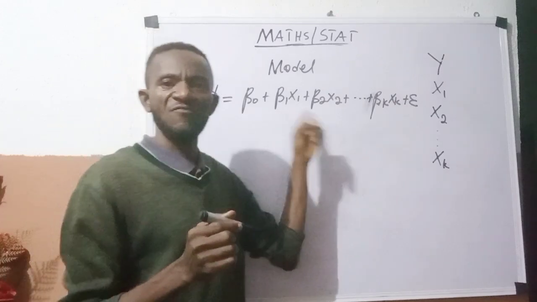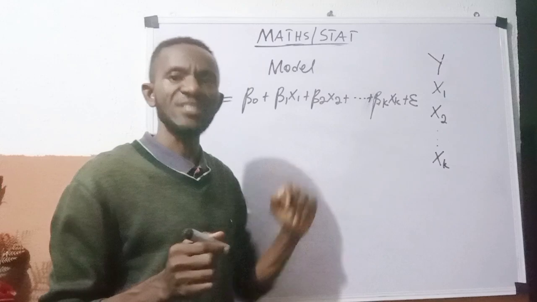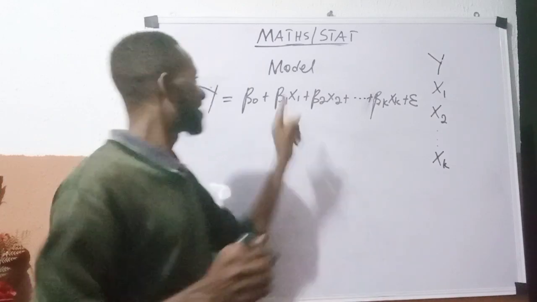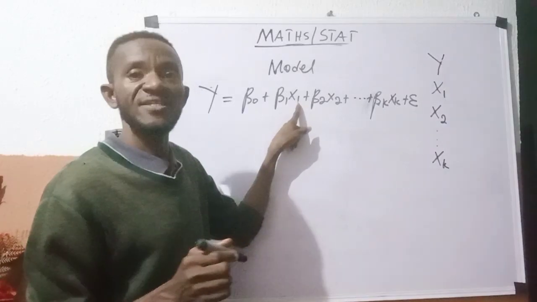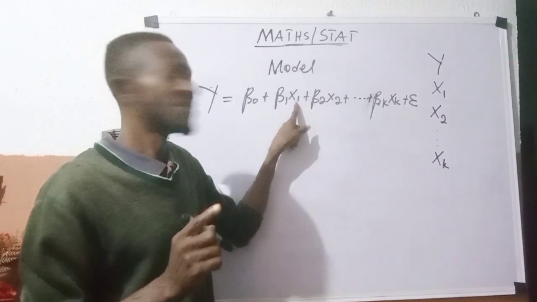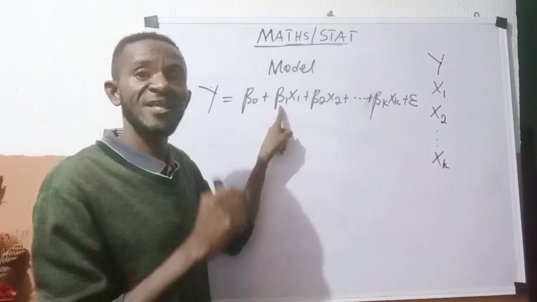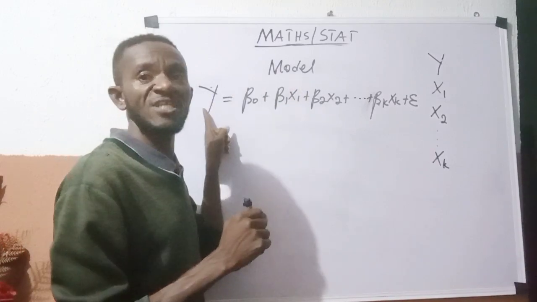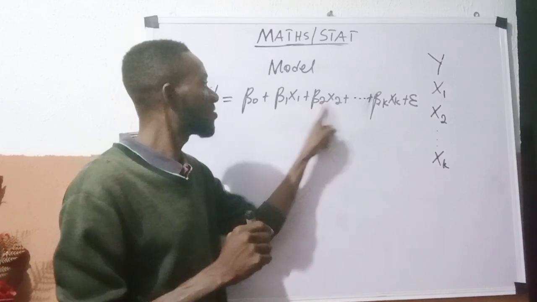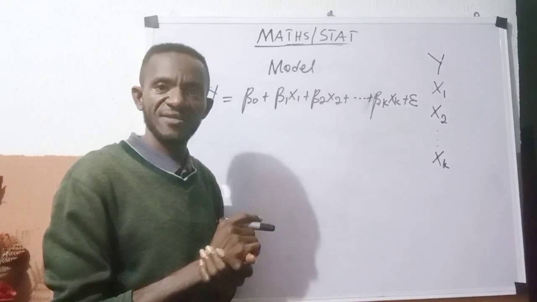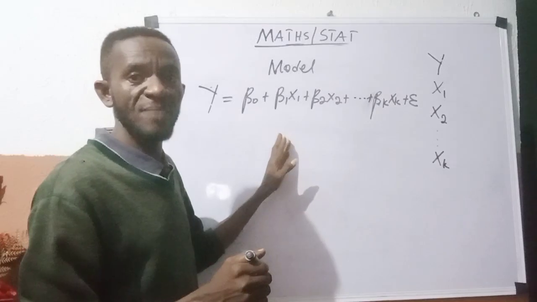This is a model for multiple linear regression where we have more than one independent variable. This x1 stands for the first explanatory variable. This slope beta 1 is the slope of the first explanatory variable in relation with the dependent variable. The same thing applies to beta 2 down to beta k. And like I earlier mentioned, this Y is the dependent variable.